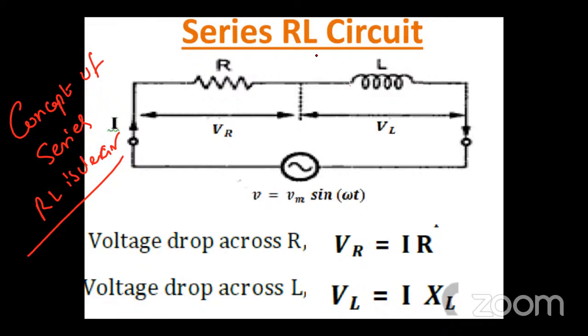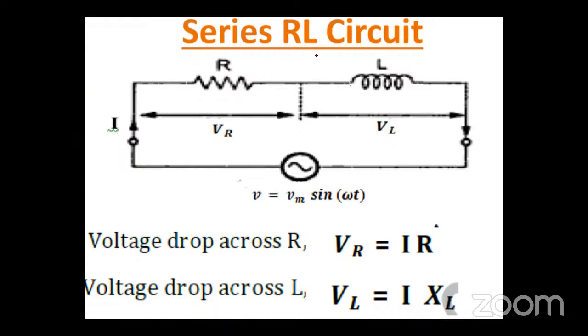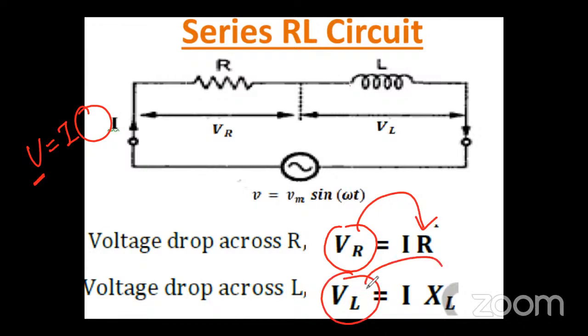So no doubt, anyone? Sure? मुझे क्या लिखना है? V is equal to I. यहाँ पे क्या लिखूं? ये वोल्टेज किसका है? रेजिस्टर का, तो यहाँ पे रेजिस्टर. ये वोल्टेज किसका है? इंडक्टर का, तो यहाँ पे XL है.